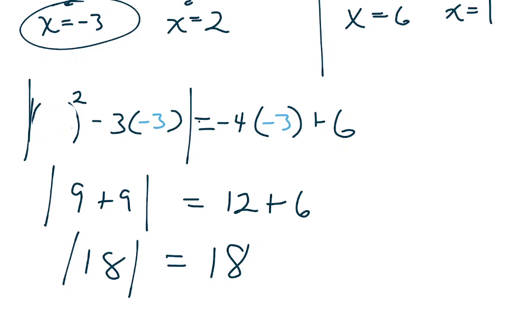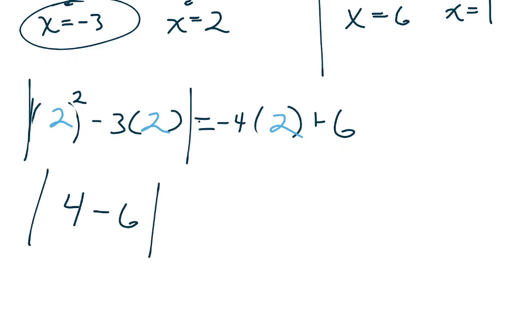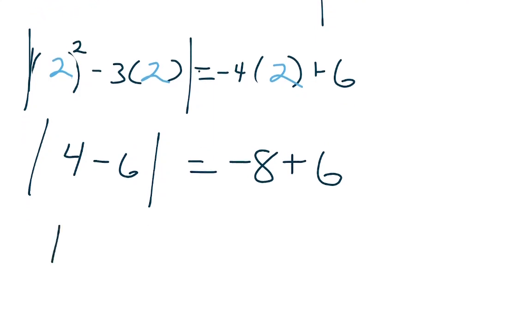What happens if you plug in 2? I have to erase all this because it's going to change, right? Now, you work on the inside of the absolute value, you get 4 minus 6. Over here, I can do what I need to do whenever I want. But it's this absolute value of 4 minus 6.